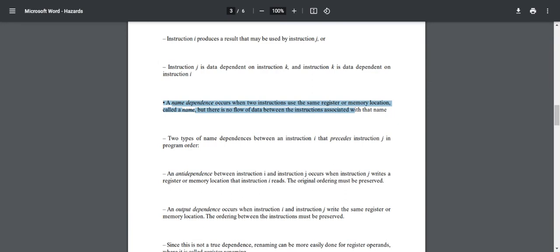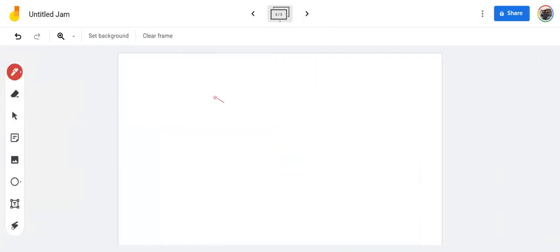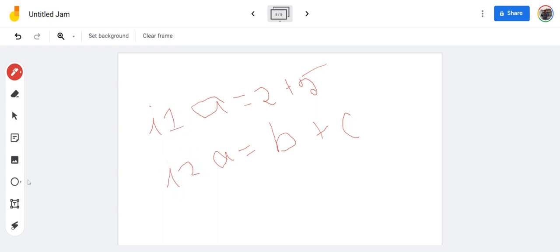So, for example, say you have two instructions, one after another, like this: A equals 2 plus 5, A equals B plus C. Yes, this is instruction 1 and this is instruction 2.